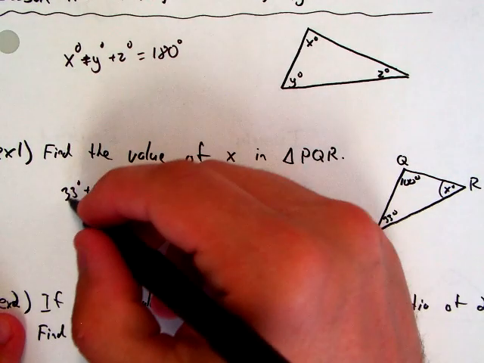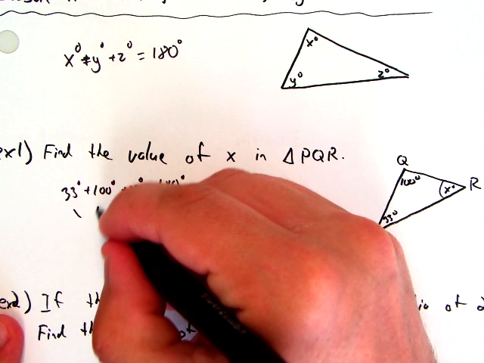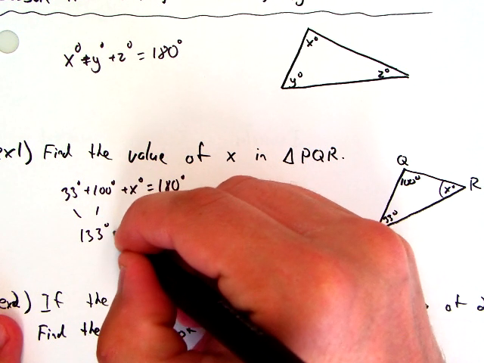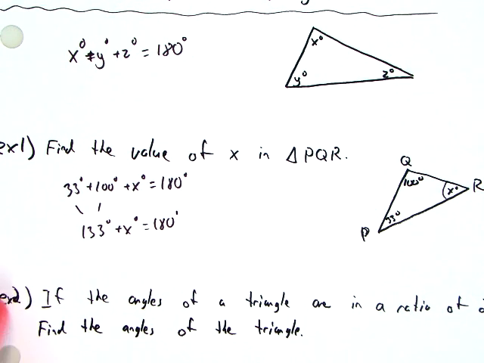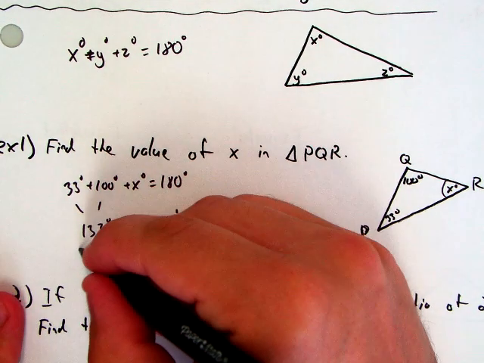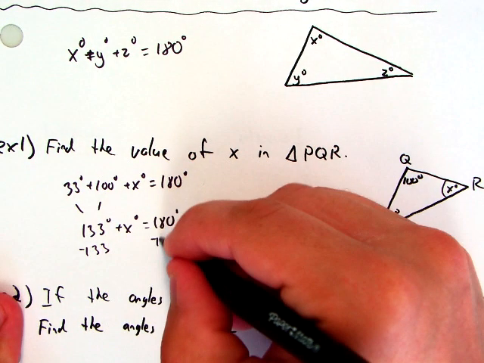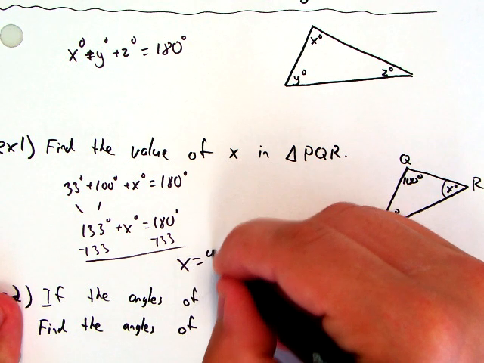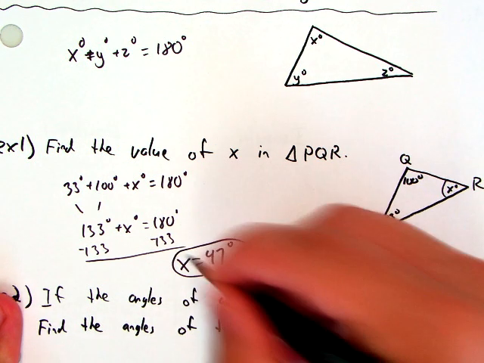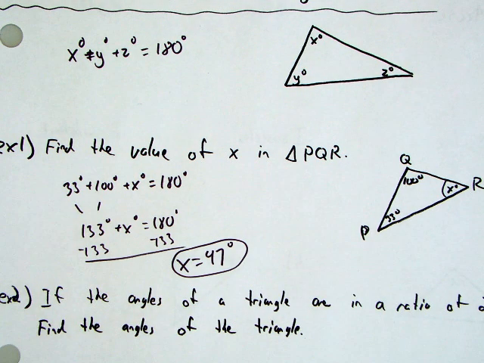Combine like terms, 33 plus 100 is 133 degrees. I now have a simple one-step equation. Subtract 133 from both sides, and I get x is equal to 47 degrees. Nice and easy.